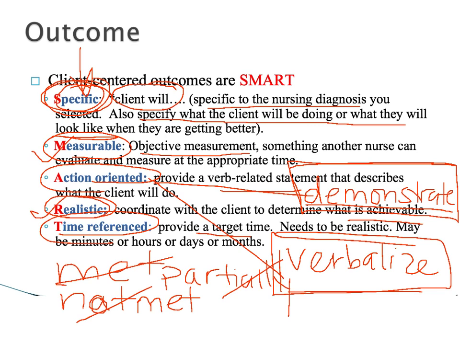We want to pay attention to whether it's met, partially met, or not met, because if it's partially met, then okay, good, we are headed in the right direction, but maybe we needed to give them a little more time. If it's not met, it could be because this outcome isn't written in a way that addresses specific client needs. But through these descriptions, I'm trying to help you get at the components of an outcome, of a SMART outcome.